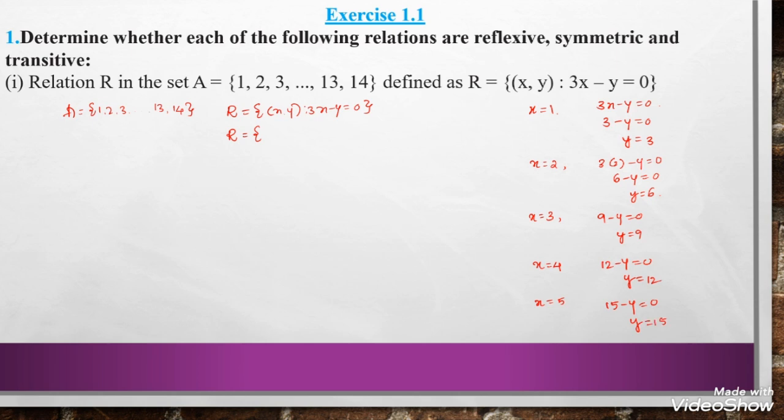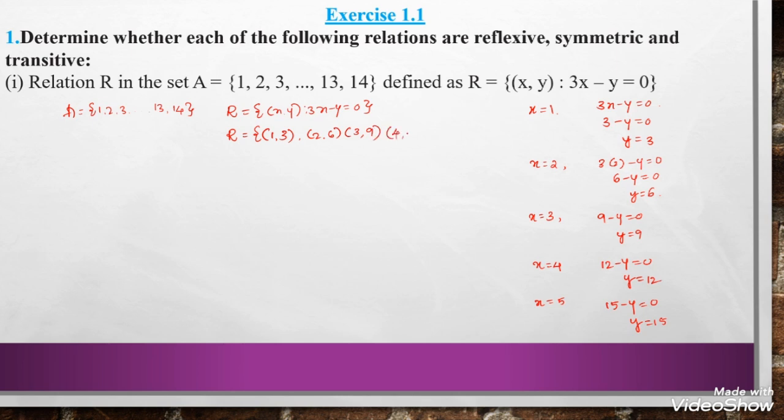Now I will write the ordered pairs. If x is equal to 1, then y becomes 3. Next, x is equal to 2, then y is 6. X is equal to 3, y is 9.